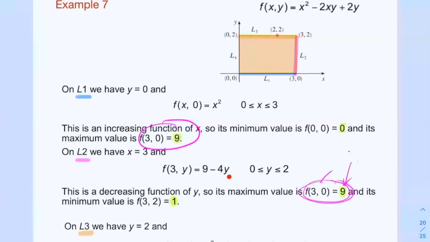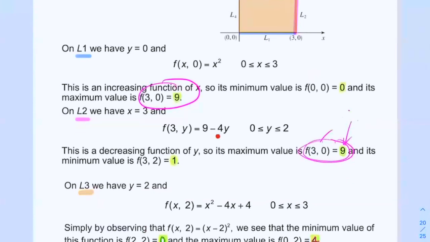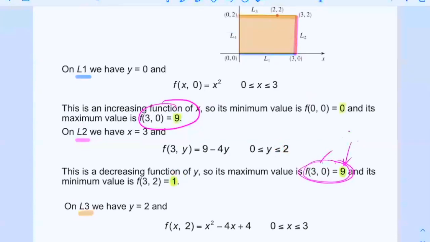When y changes from 0 to 2, the smallest value will be 1, and the highest value will be 9. When y equals 0, 9 is the maximum for this one. So along this one, this is the highest, this is the lowest.